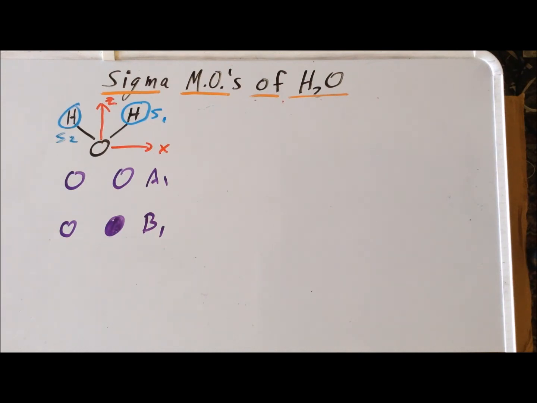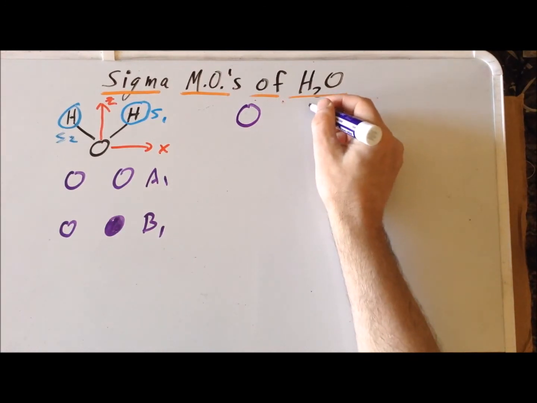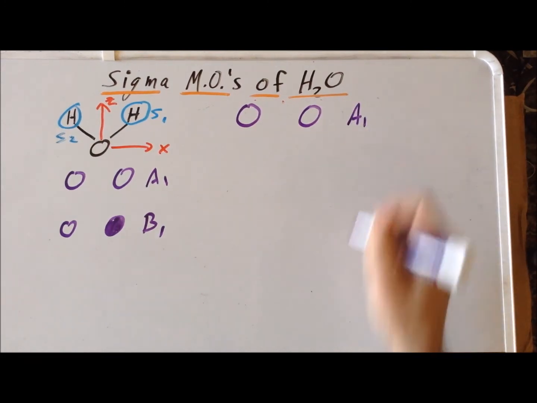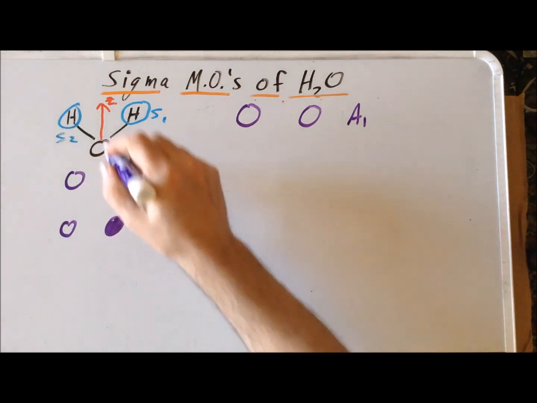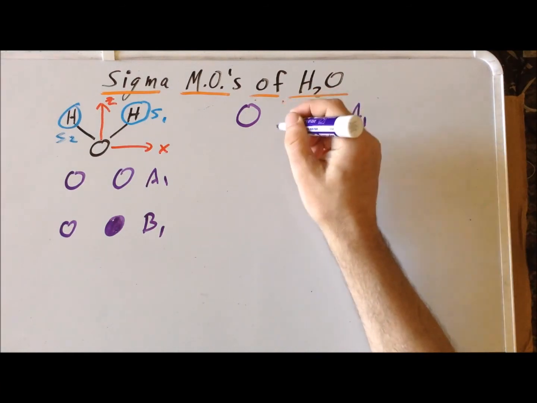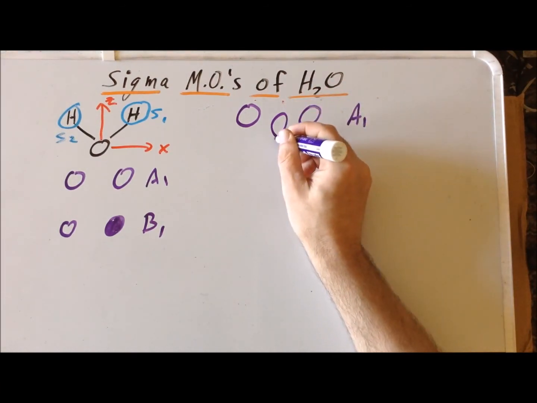So let's look at the A1 case first. So here we have two hydrogen atoms that each have the same phase, A1. Now one of the combinations of atomic orbitals on oxygen that will have the proper symmetry to combine with the group orbitals is the pz orbital on oxygen.